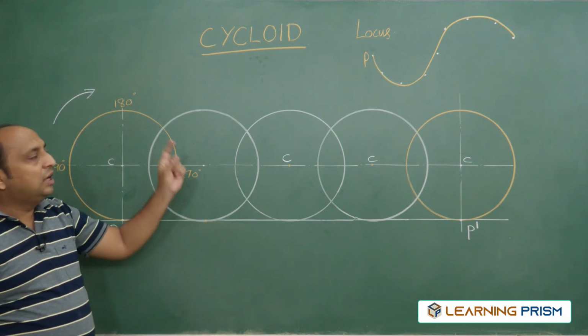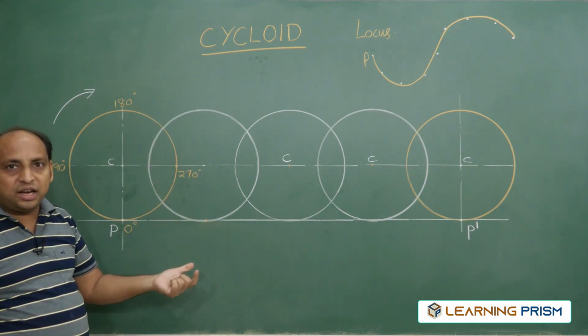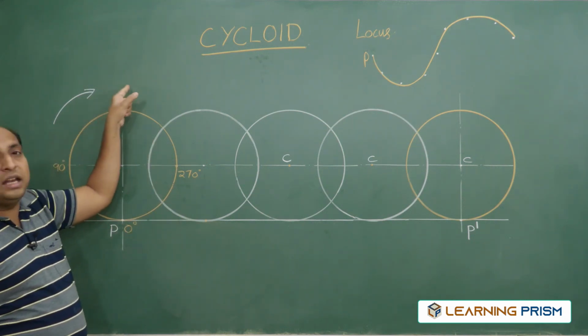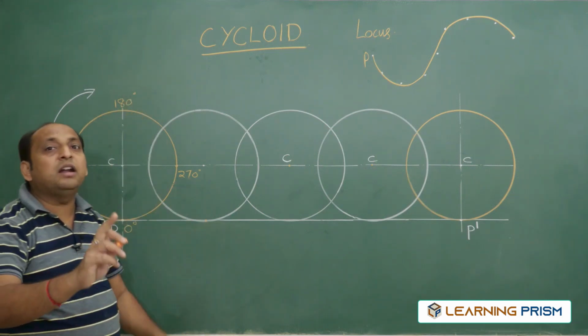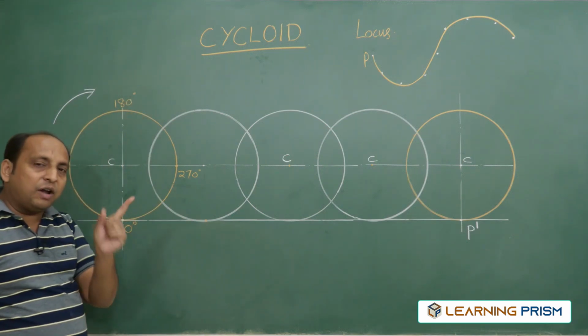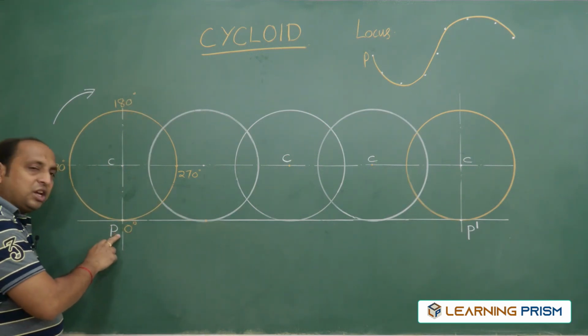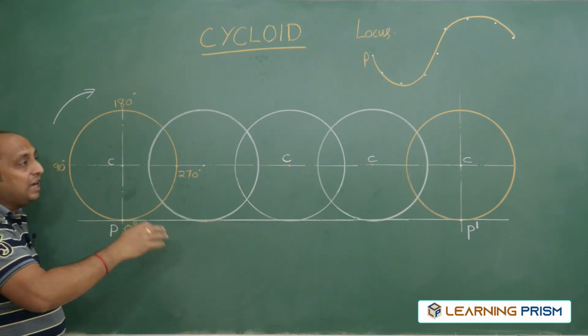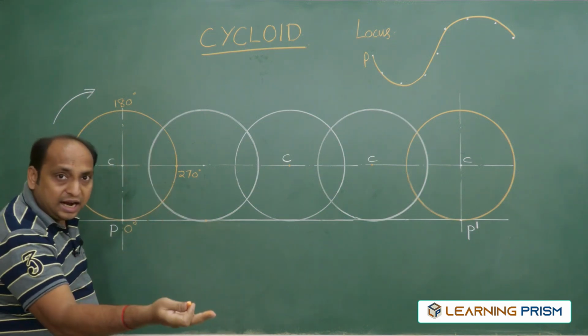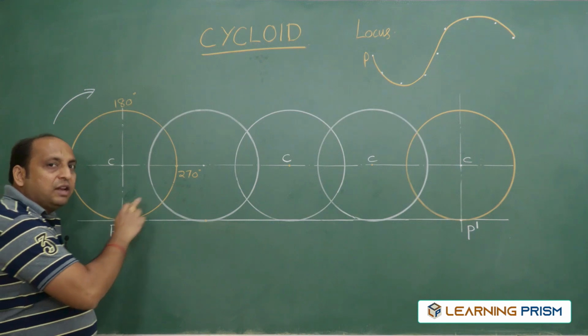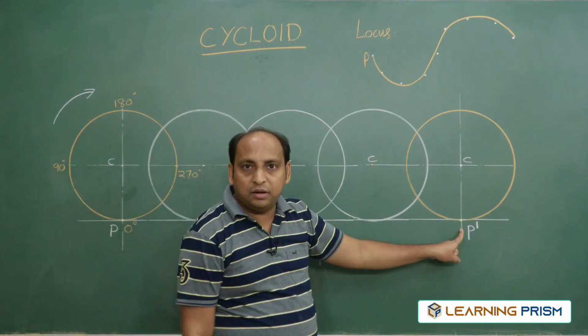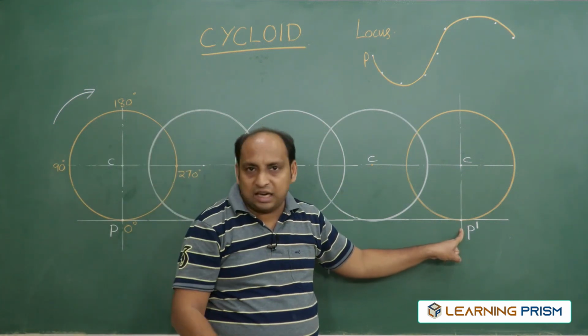So in our example, I am considering the circle is rotating in clockwise direction for 1 revolution. That means in 1 revolution, the position of the point P changes, and after 1 revolution is completed, again the point P will come and touch the ground because it is traveling the 360 degrees inclination.